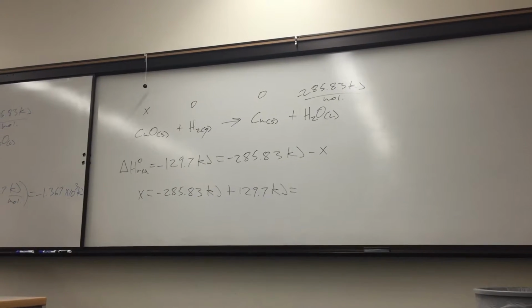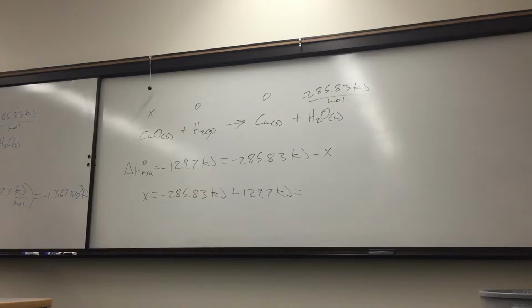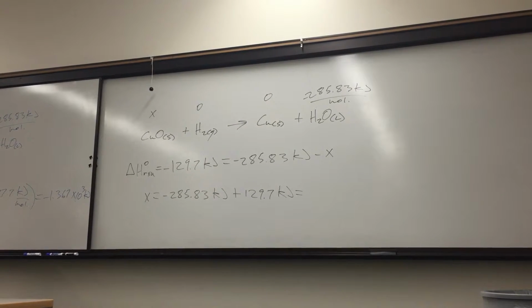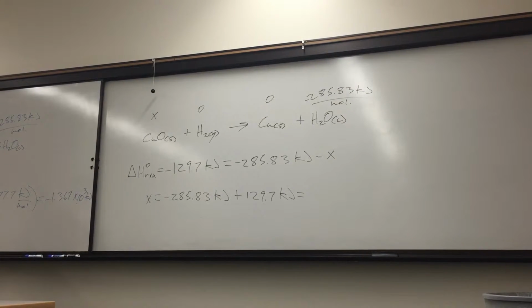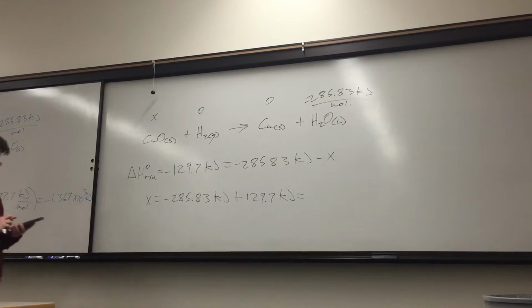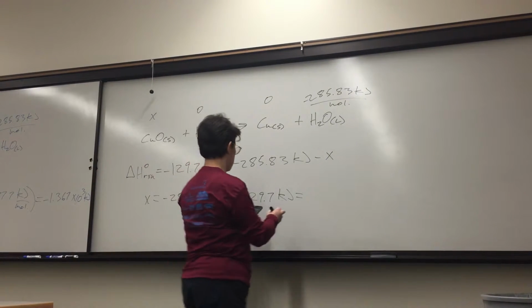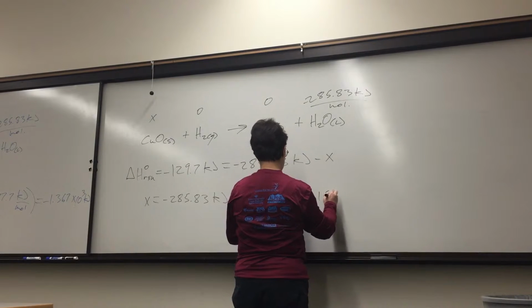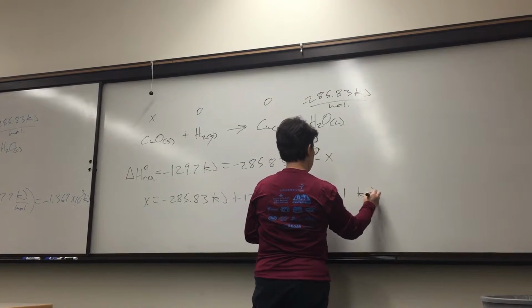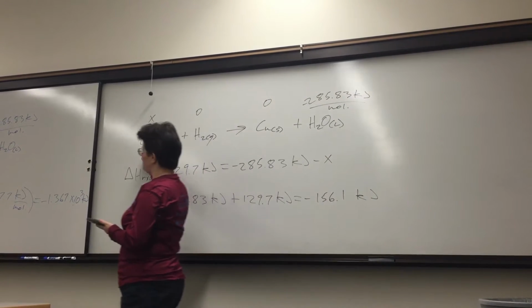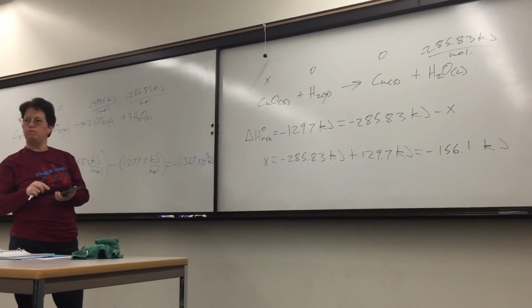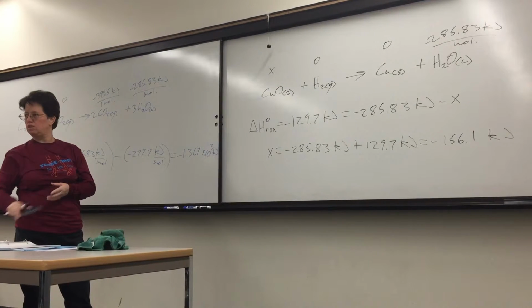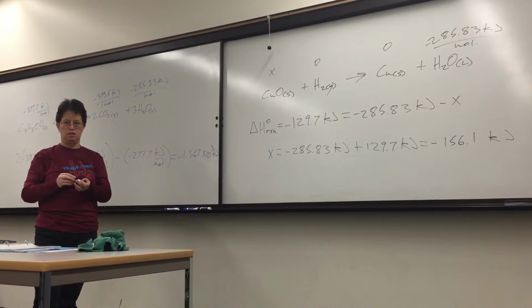My algebra good? I get that to be a negative 156.1 kilojoules for the delta H formation of copper oxide. Okay? Any questions on how we did that?